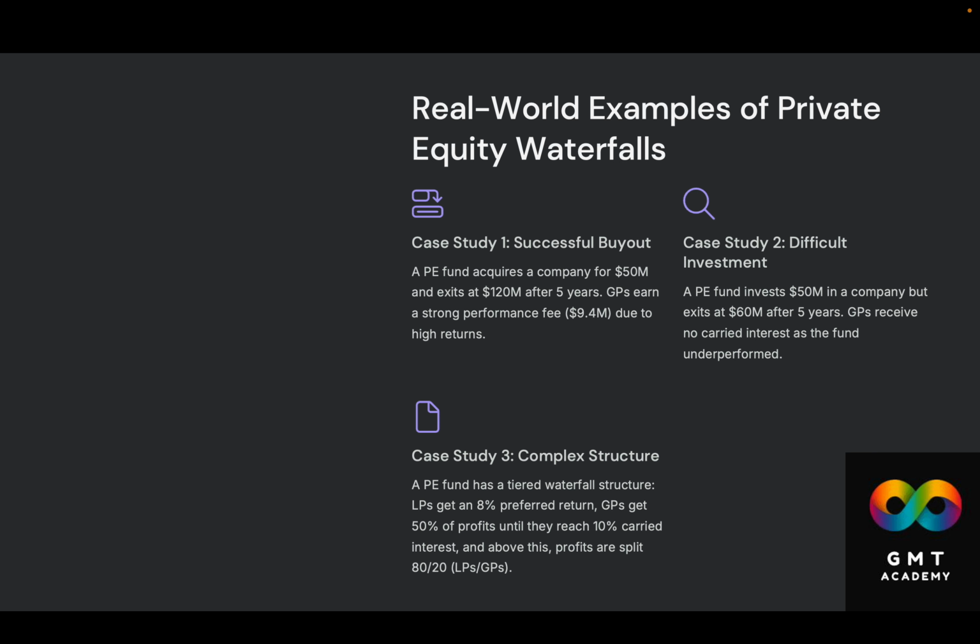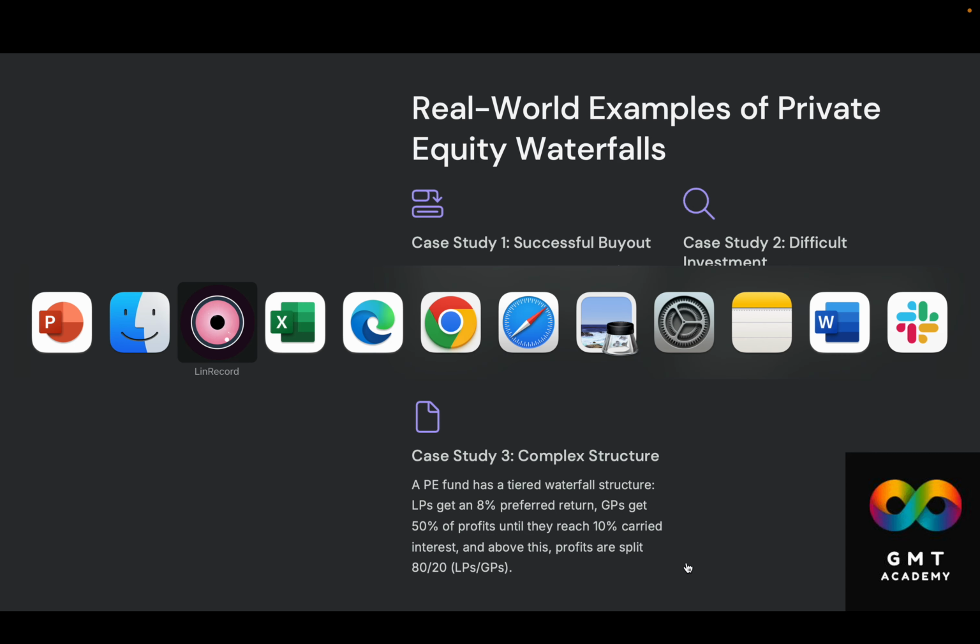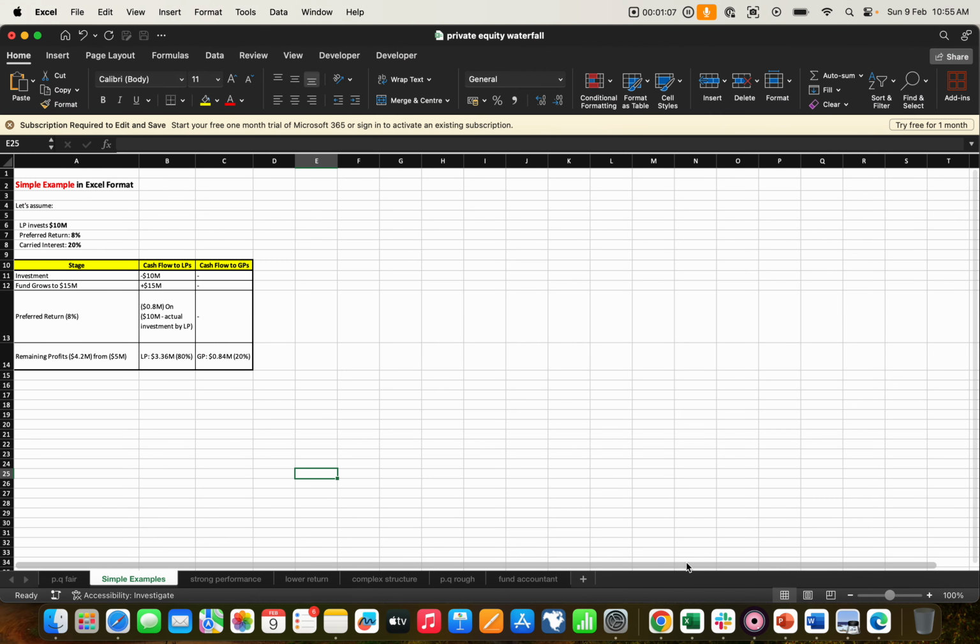So first, before going to any case study in private equity, I have designed one simple example of how I calculate all this, then we'll relate it with the case study. So I am going to the Excel file. So this is a simple example. Let's assume an LP invests 10 million, the preferred return is 8% and the carried interest is 20%.